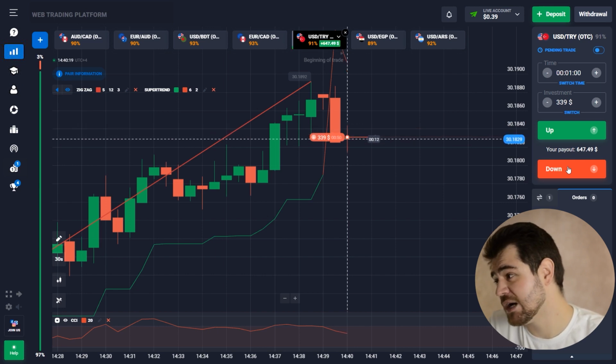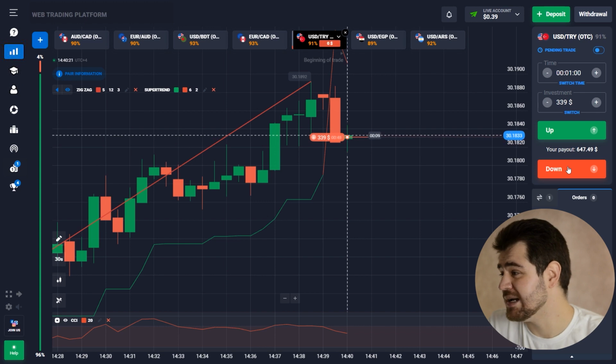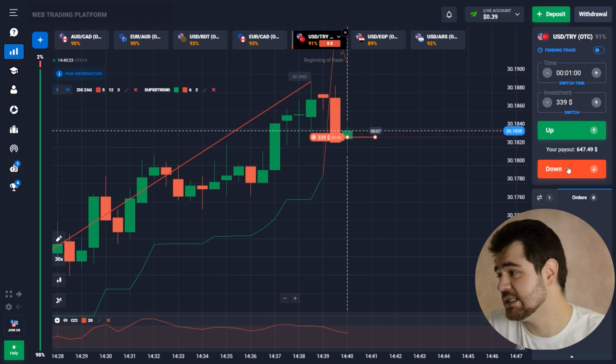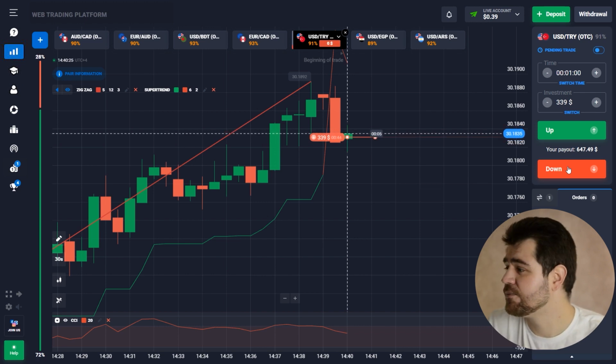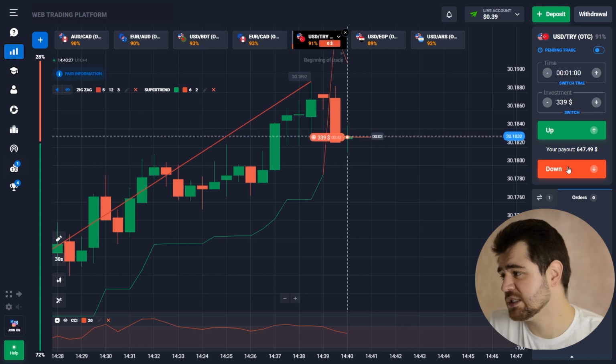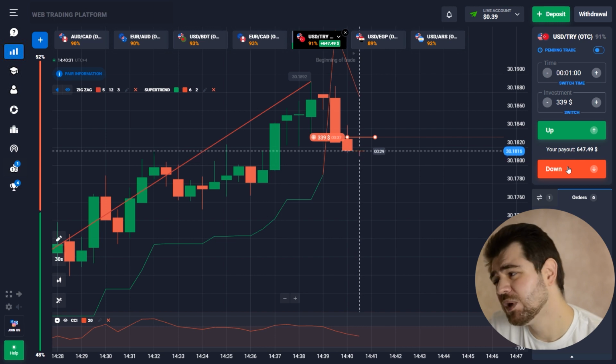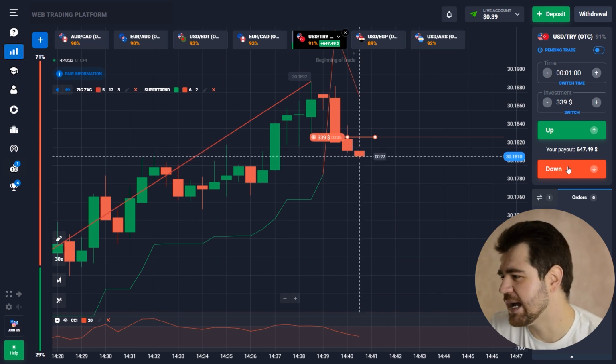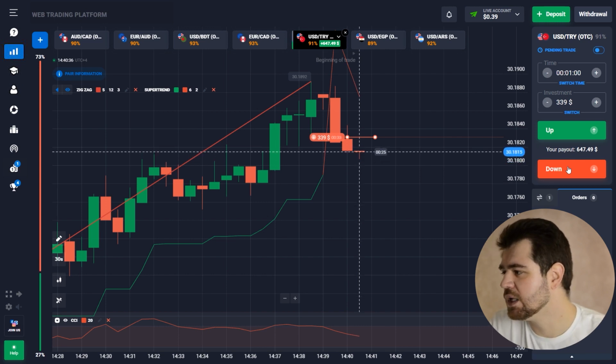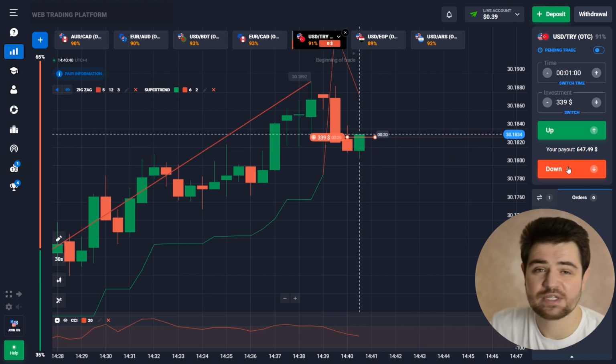CCI is looking down. The Supertrend, we've crossed the Supertrend, we're below its line now, so that's also a signal for short. But I think this will be a pullback, because I think the price will go back up after this. So let's wait for the result of this and continue.